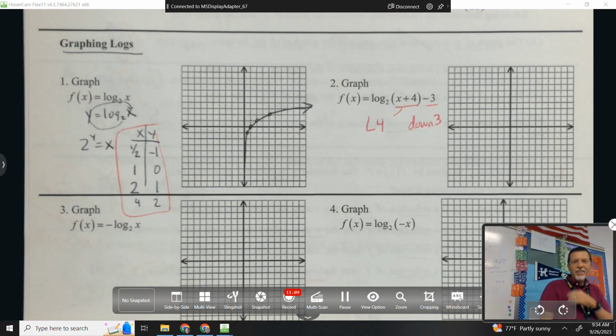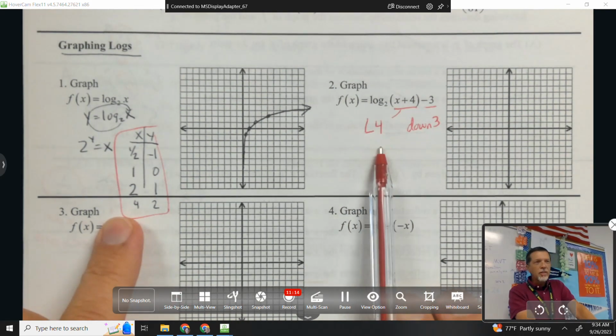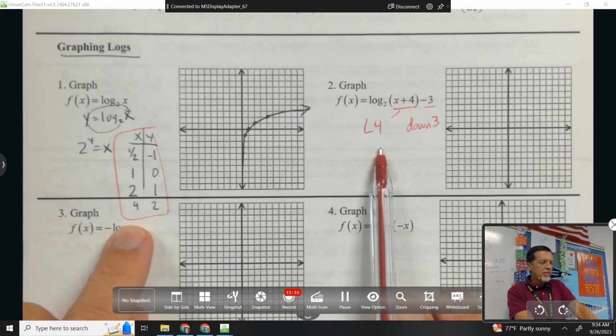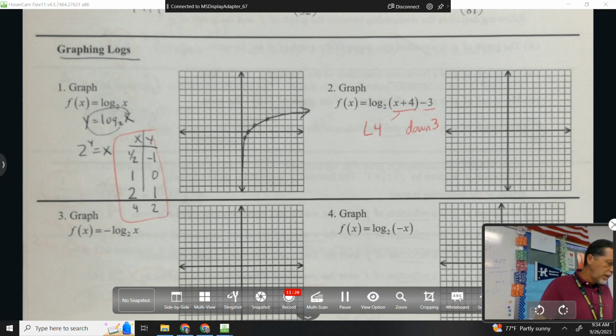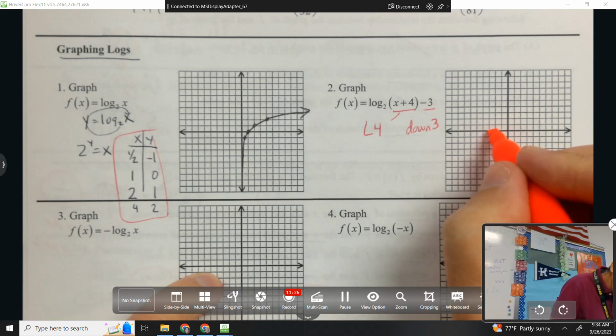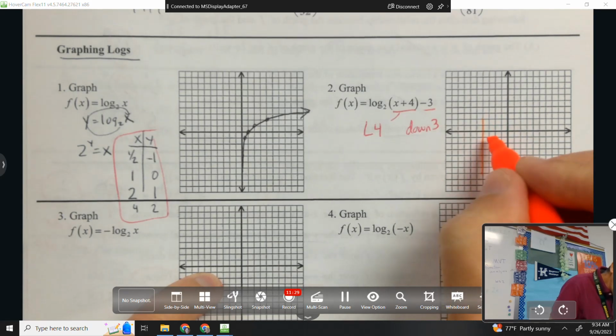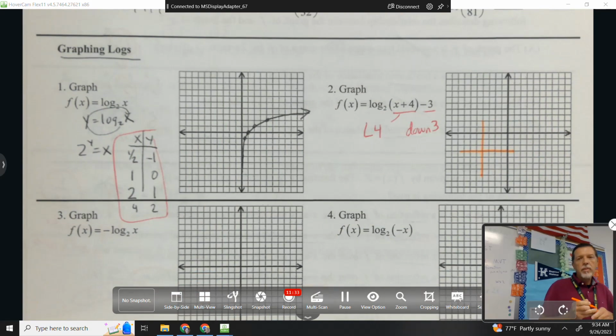So kind of like yesterday, I could redo my table of values and subtract 4 from all the x's, and that would have some fractions in there, and then subtract 3 from all the y's. That'd be a lot of work. It'd just be a lot easier if I just moved the whole axis, or the whole origin, left 4, and down 3, and make that my new starting point.